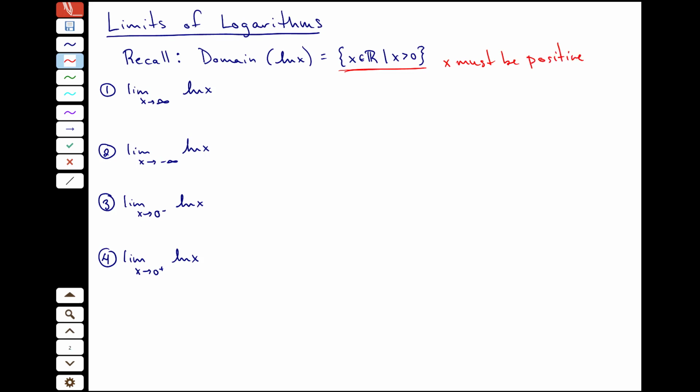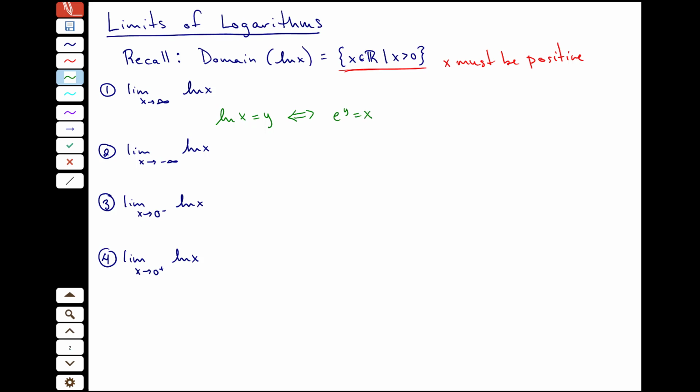So now let's think about a couple of different limits. If we take the limit as x goes to infinity of the natural log of x, let's think about what this means for a moment. So the natural log of x is equal to some value y. This is the same as saying that e to the y is equal to x.